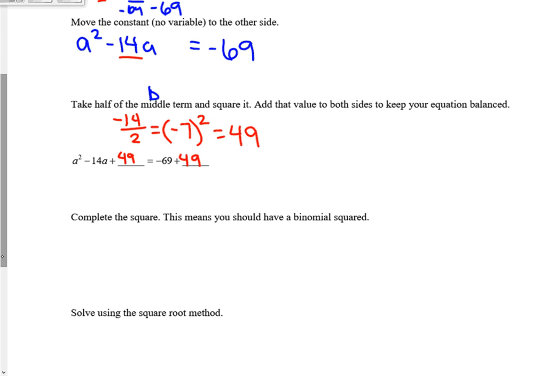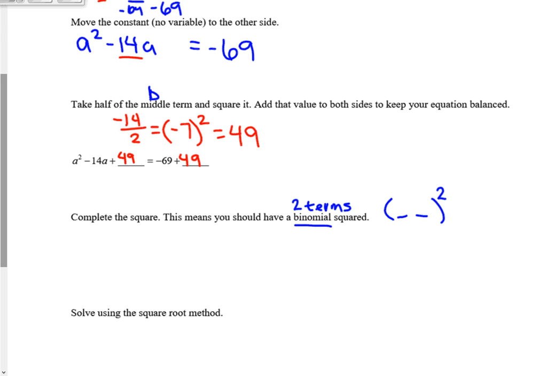Next thing it says is complete the square. This means you should have a binomial squared. So on the left-hand side here, in order to complete the square or get our binomial squared, a binomial needs 2 terms, so I should have 2 terms that are going to be squared. So I'm going to have a parentheses with 2 things in there and a squared on the outside.